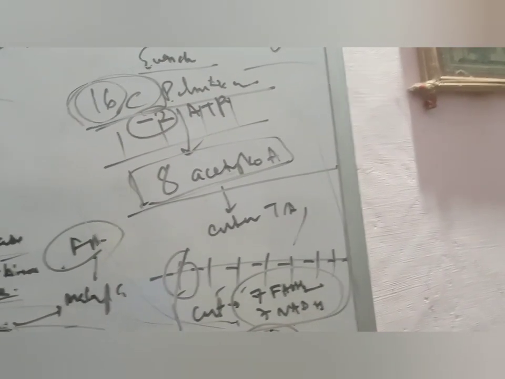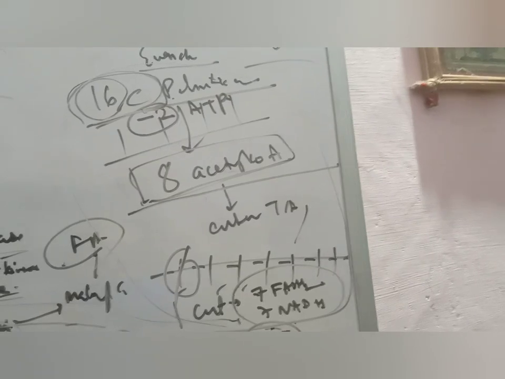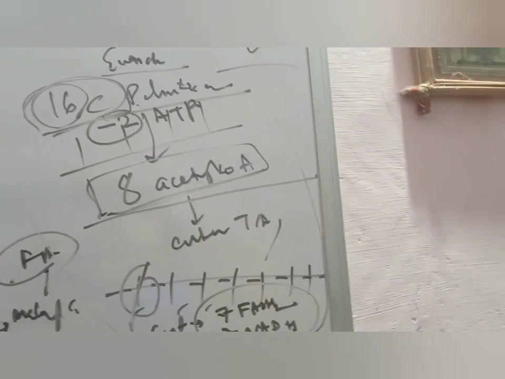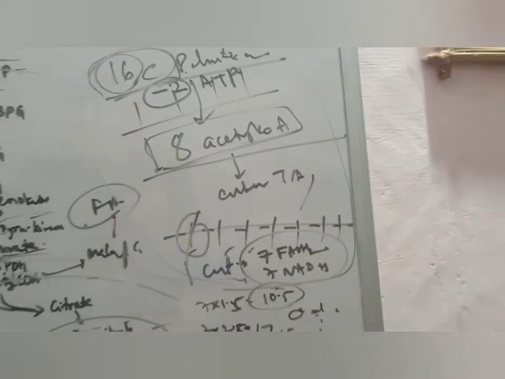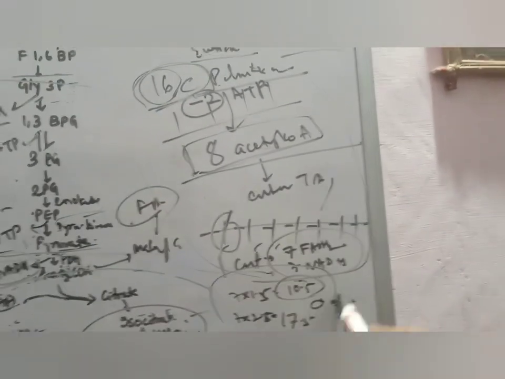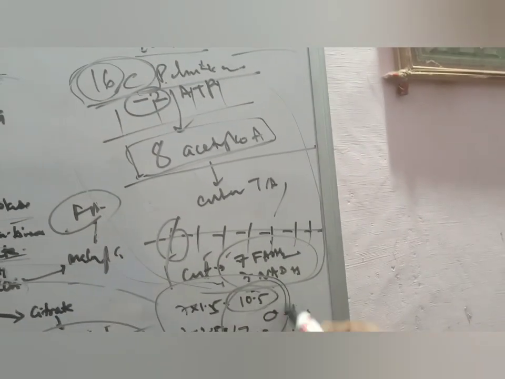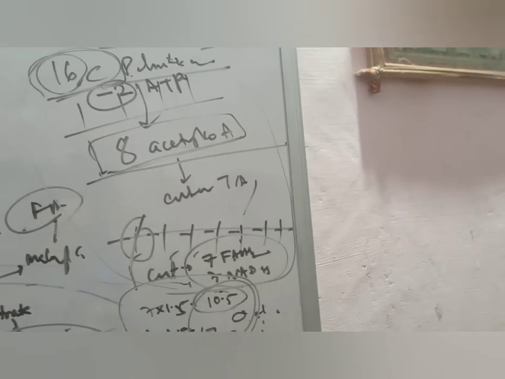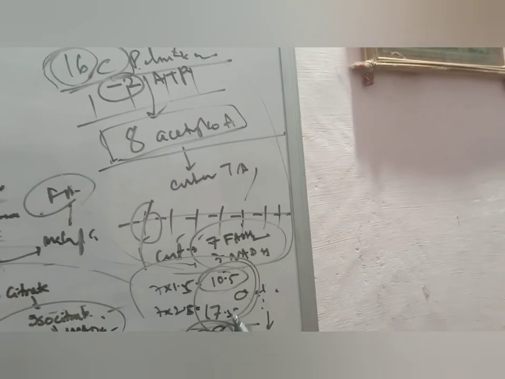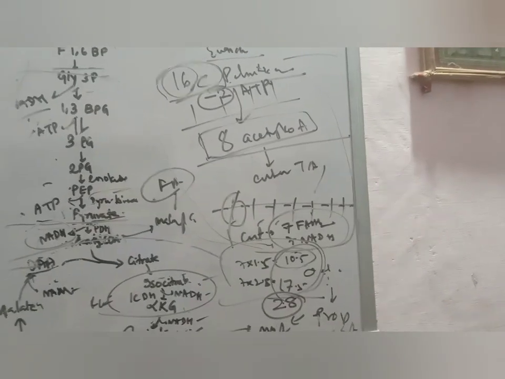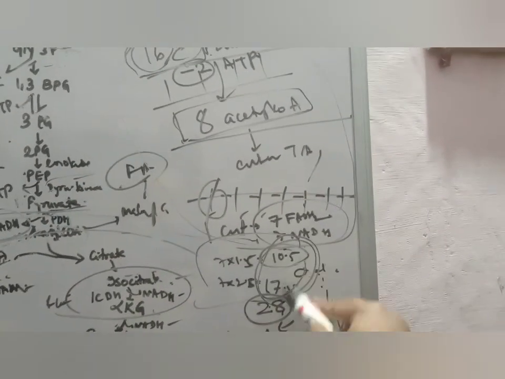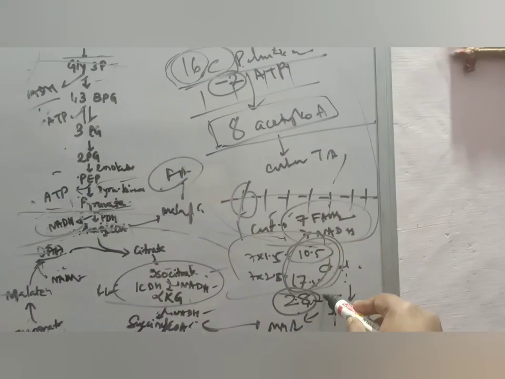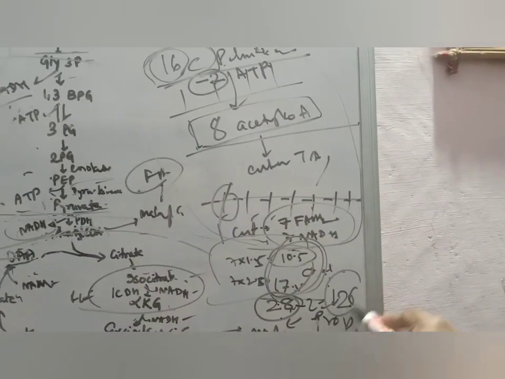NADH is 2.5, so 7 into 2.5 is 17.5. So total, 17.5 plus 10.5 is 28. From this, the 2 ATP will be minus. So 28 minus 2 is 26 ATP.